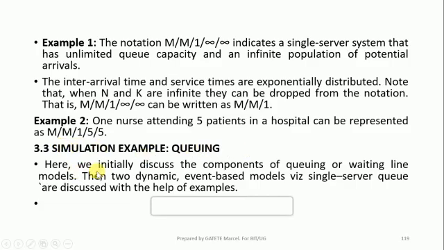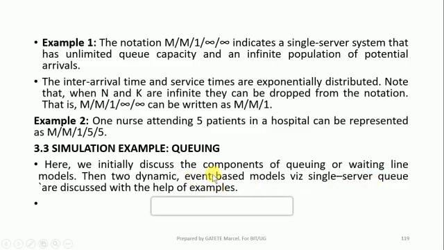So here we first discuss the components of a queuing system. When you are studying the queuing system, you have to know the components of this type of system. The queuing system can be called a queuing or waiting line model. Then a dynamic event-based model and a single server queue are discussed.